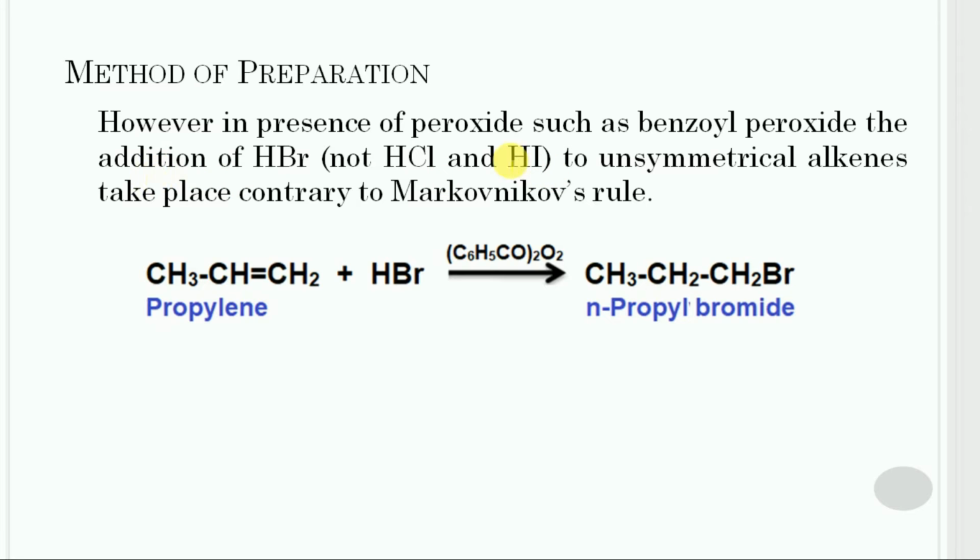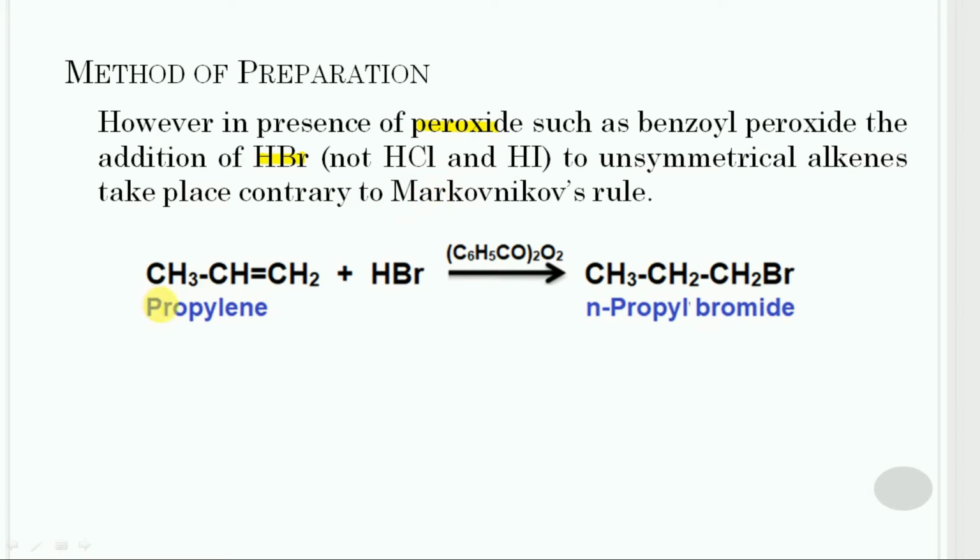However, in the presence of peroxide such as benzoyl peroxide, the addition of hydrogen bromide only, not hydrochloric acid and hydroiodic acid, to an unsymmetrical alkene takes place contrary to Markovnikov's rule.